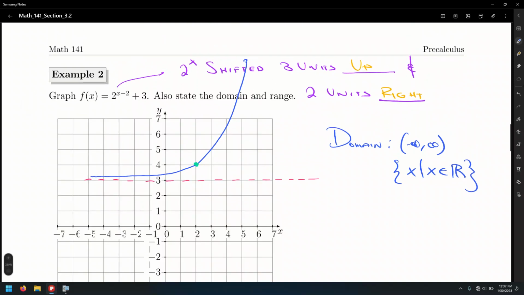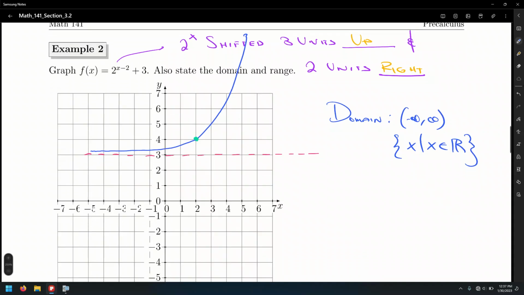However, the shifting of an exponential function has an effect on its range. All right, so range, in this case, well, that 0 got shifted 3 units up, so that's going to go 3 to infinity, or in the fancy curly brace notation, like this.